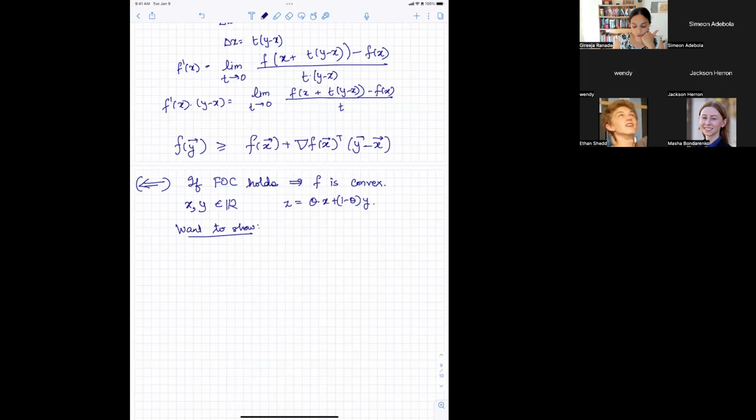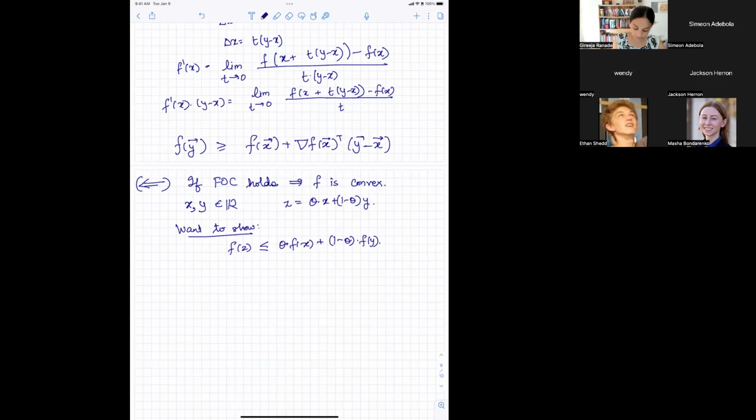What do I want to show? I want to show that f of z should be greater than or less than something. Is the chord above or below? The chord is above, so f of z must be below theta times f of x plus 1 minus theta times f of y. This is what I want to show.